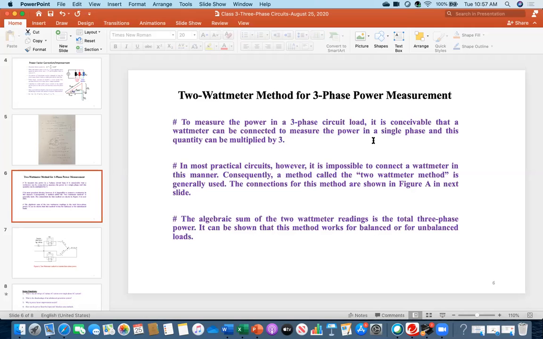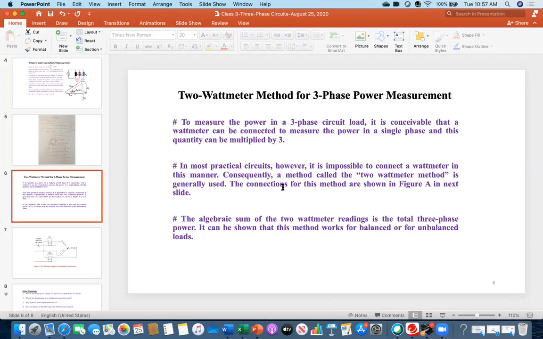Now you might argue that no, I will not even use 2 wattmeters, I want to use only 1 wattmeter, because the 3-phase system has A phase, B phase, C phase. First I will measure the 1-phase power and I will straightforwardly multiply by 3.